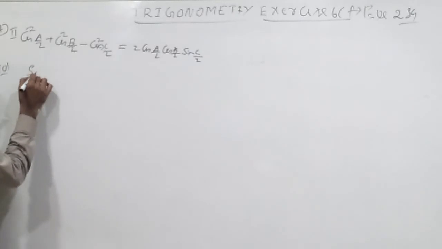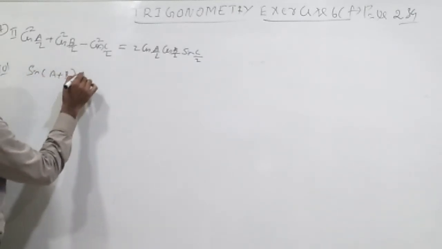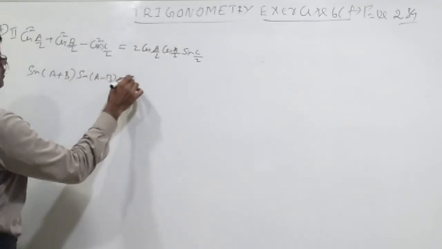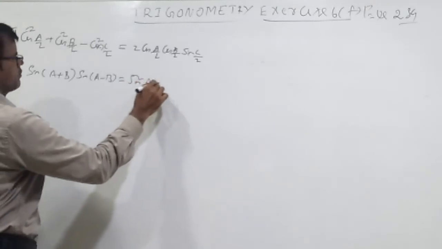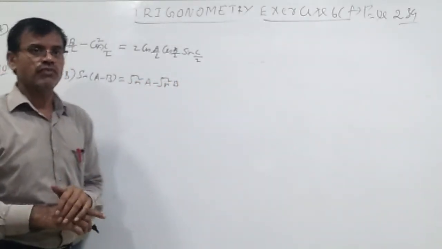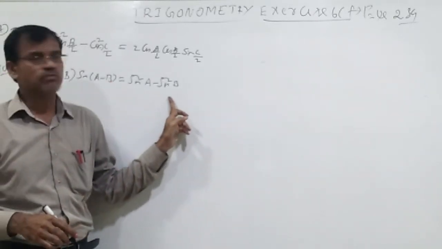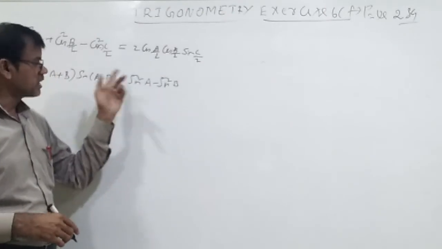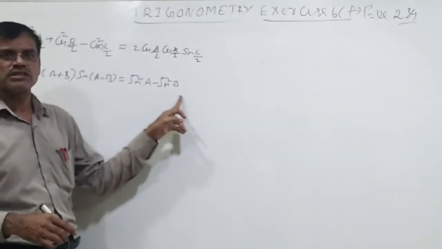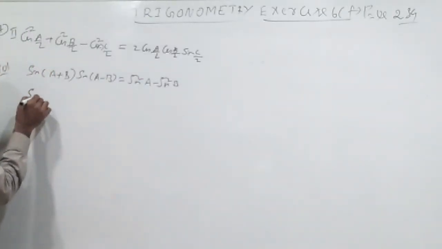Let us remember the formula sin(A+B) · sin(A−B). Two forms are there for this formula. sin²A − sin²B is the general formula. If we write this as (1 − cos²A) − (1 − cos²B), it becomes cos²B − cos²A.